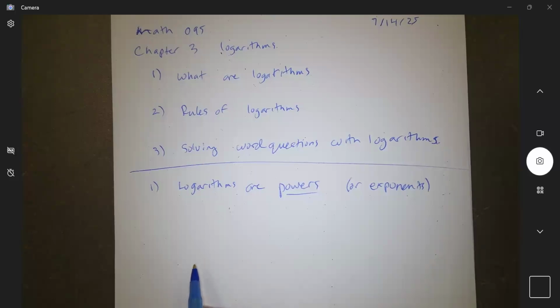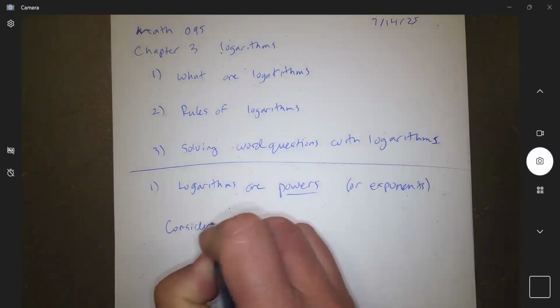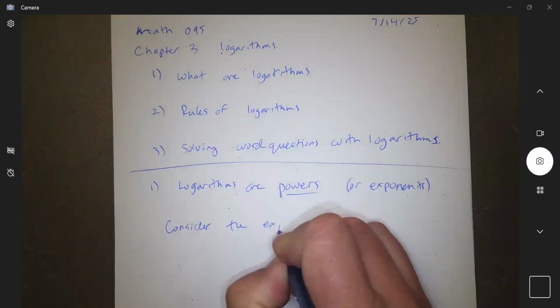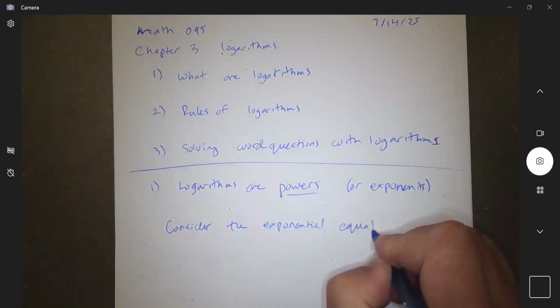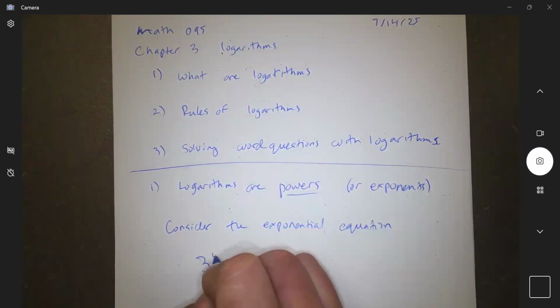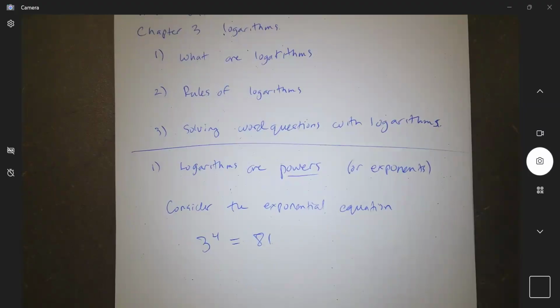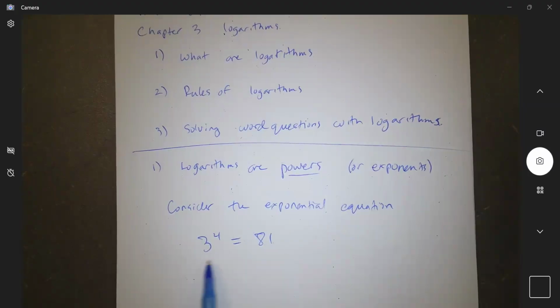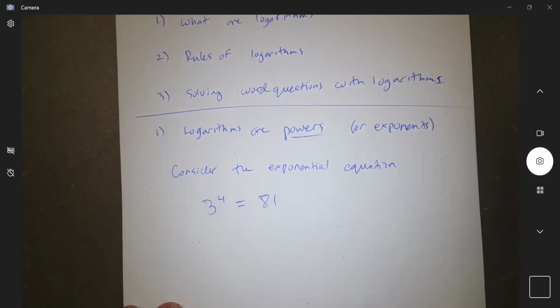So the way I like to introduce it is, consider the exponential equation. Three to the fourth equals 81. And so this is just our true equation. Three to the fourth equals 81.